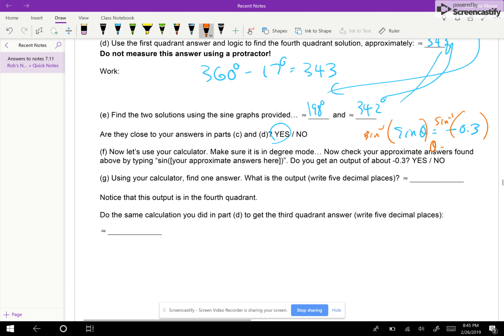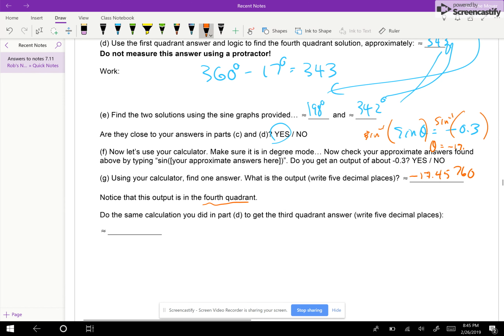So I get theta equals the inverse sine of negative 0.3, and I get negative 17.4576, right? That's what my calculator is giving to 5 decimal places.